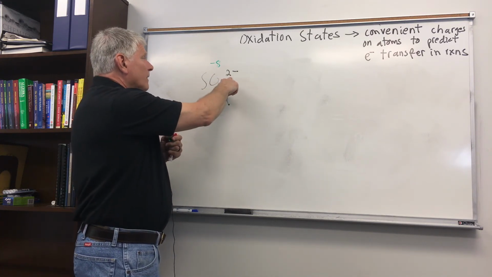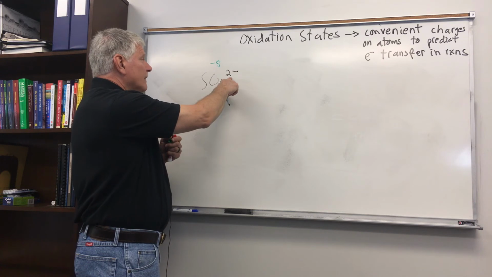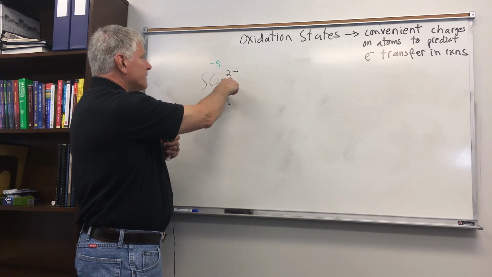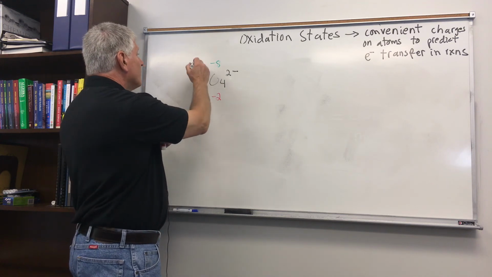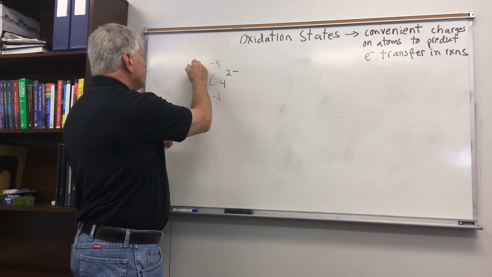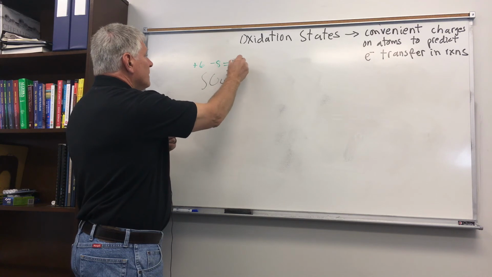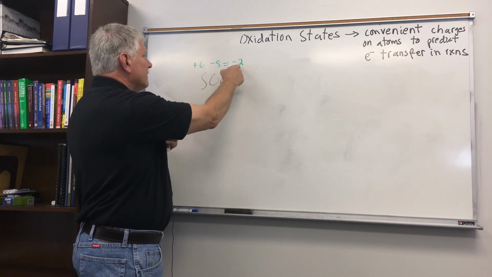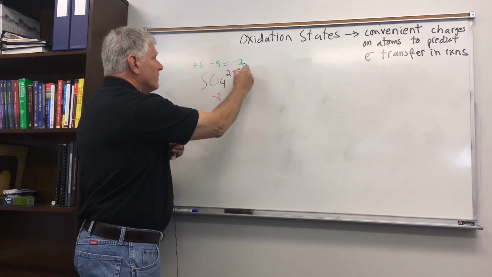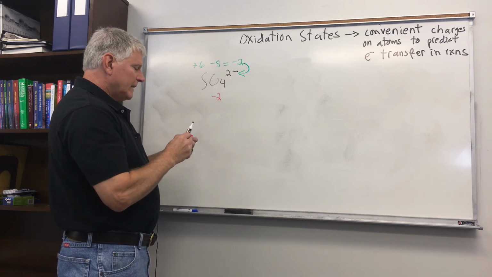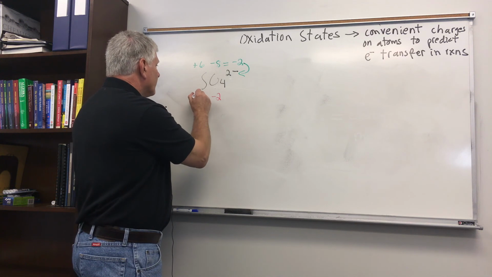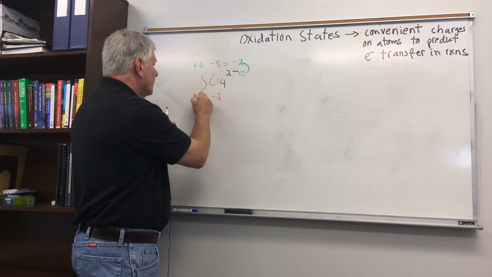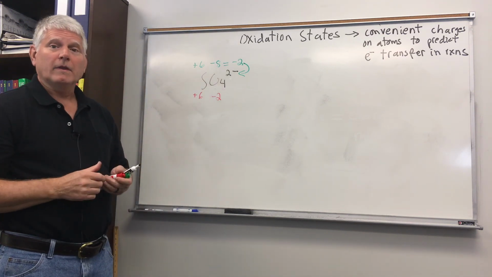The charge on the molecule is 2-, so that means the sum of the oxidation states has to equal -2. So for sulfur, the total has to be +6, because +6 minus 8 gives -2, which is the charge on the molecule. So that means since we only have one sulfur, each sulfur has an oxidation state of +6.